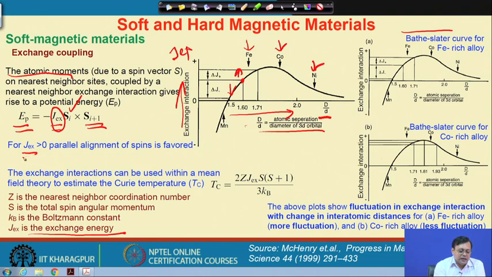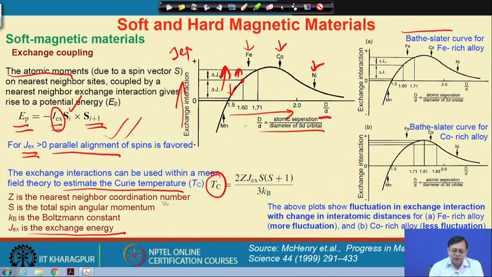The exchange energy becomes greater when parallel alignment of spin is favored. So, I am going to increase the exchange energy only when there is a chance of the spin being favored for a parallel alignment. This exchange interaction can be used in mean field theory to estimate the Curie temperature.